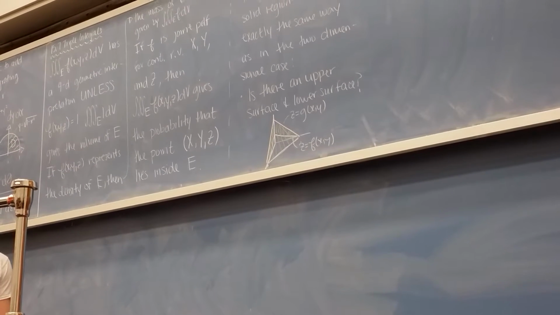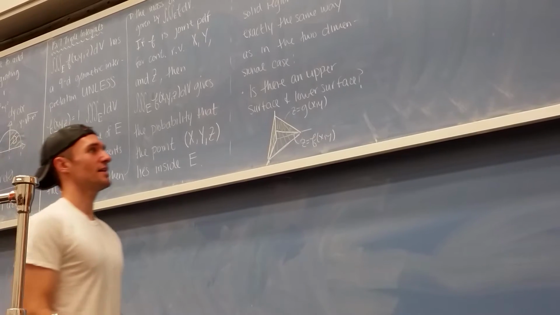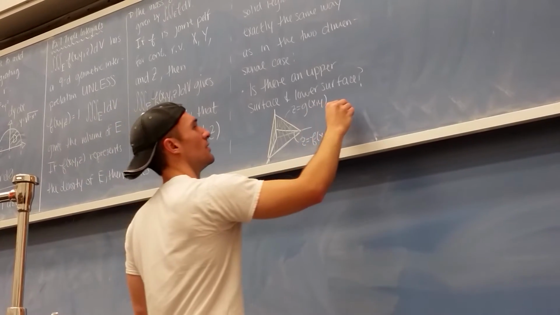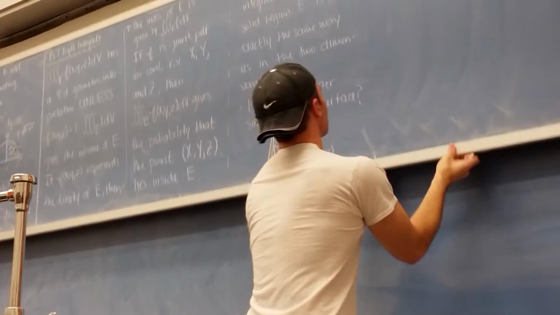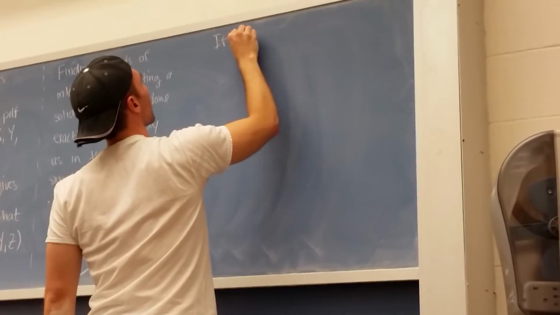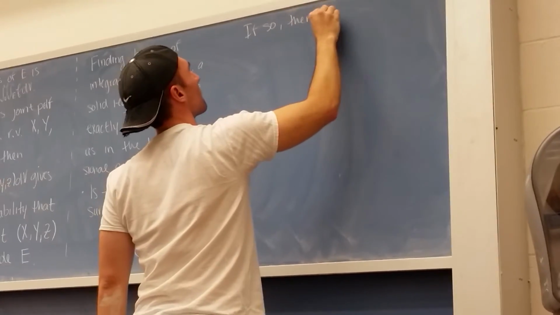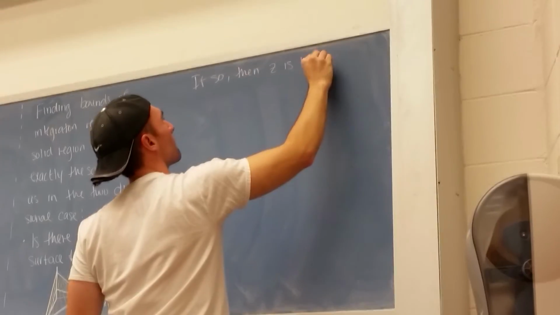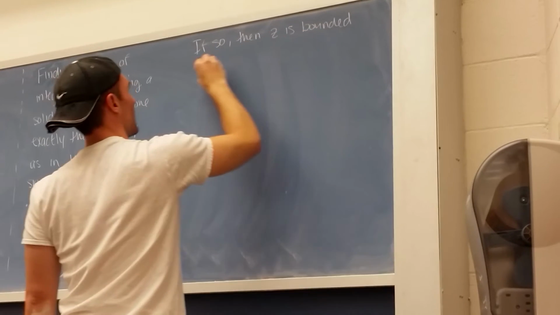They share a side at the bottom. If that's the case, then you know your z bounds automatically. If so, then z is bounded by the two surfaces.